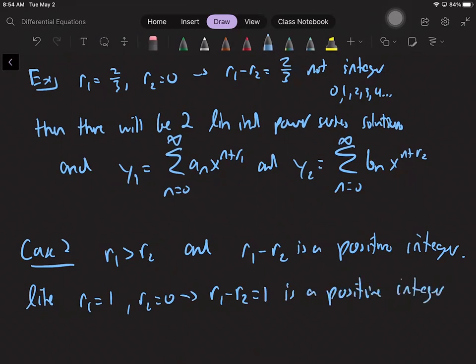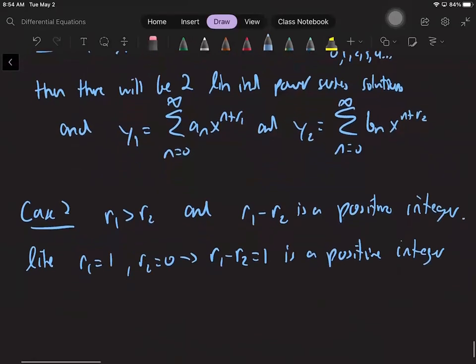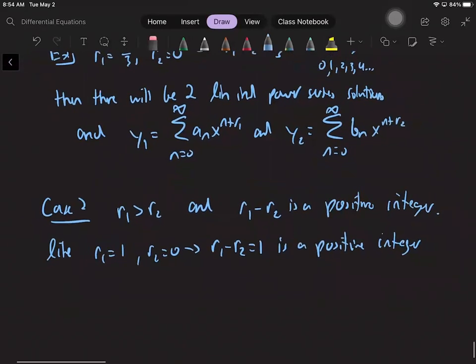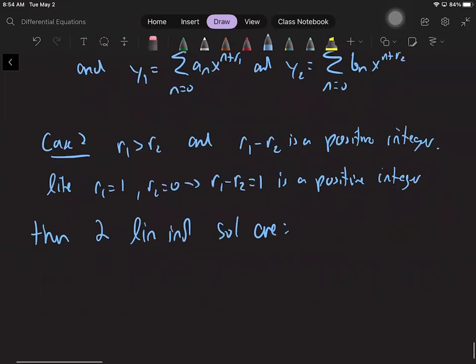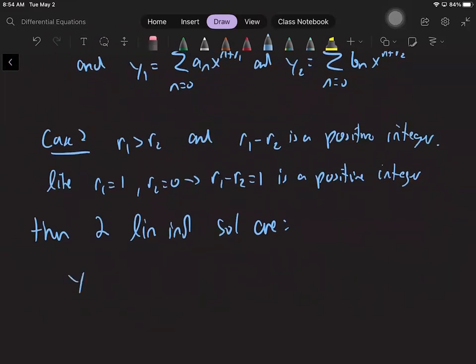If you get this, so 1, 2, 3, 4, 5, any positive integer, not 0, then the two linearly independent solutions this time are, the first R will definitely get you y1. That'll be the same as what we did.